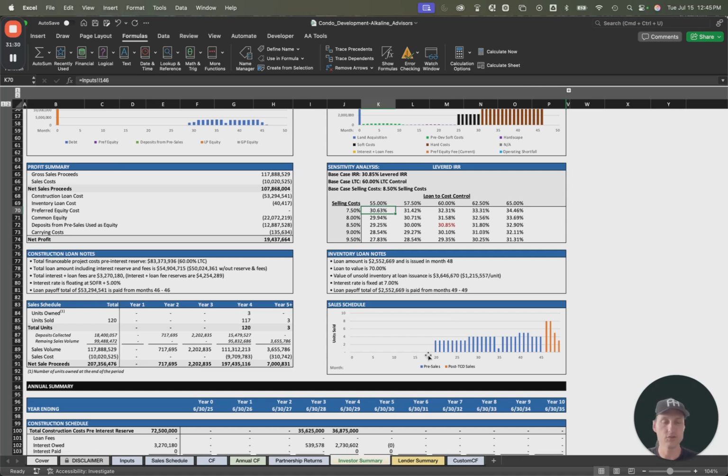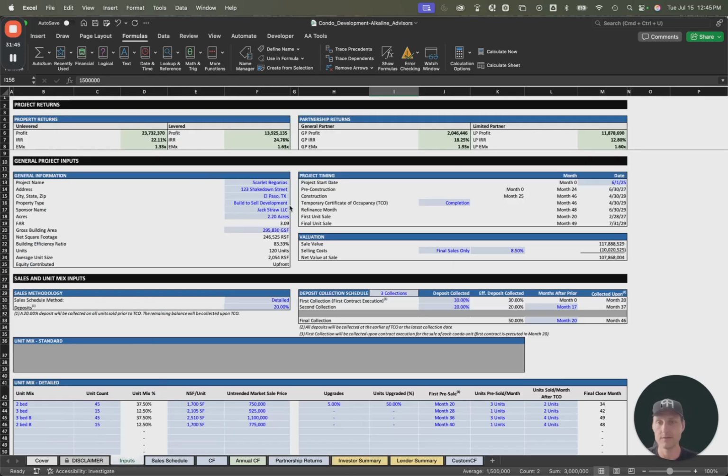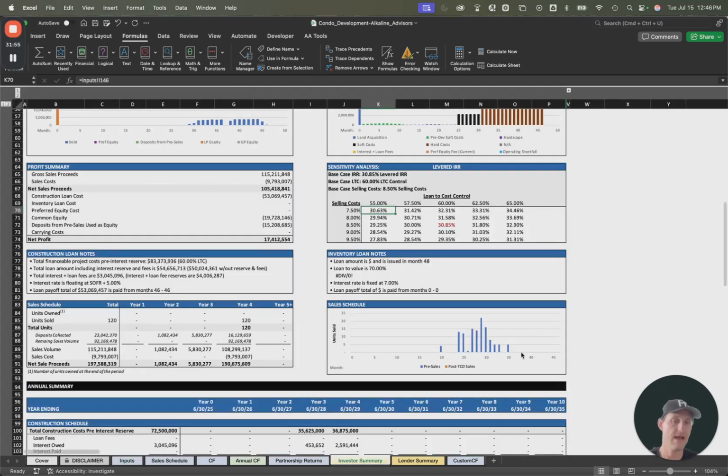We have the sales schedule, so we'll break it down based off of pre-sales and then based off of post-TCO sales. And you'll notice this sales schedule chart will update automatically depending on what the sales schedule looks like. So if we go back to inputs, right now we're at detailed. If we go to custom, then we go back to investor summary, now it updates automatically.